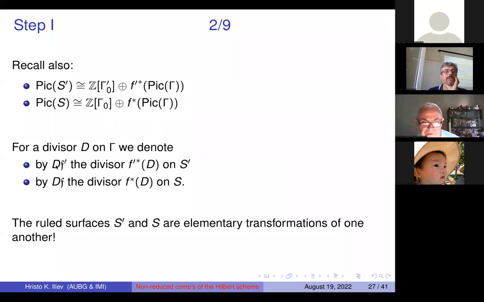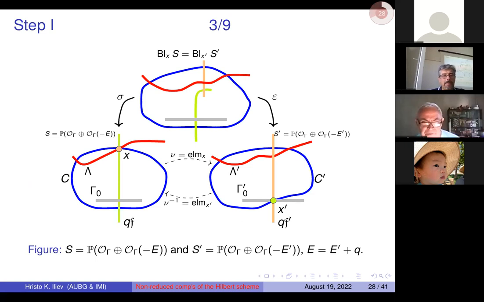As is standard, I denote the divisors that come as pullbacks from gamma like the divisor times the corresponding fiber. So I have divisors like D F prime on S prime and D F on S. And the key thing is that the two ruled surfaces that I just described are elementary transformations of one another. What does this mean?